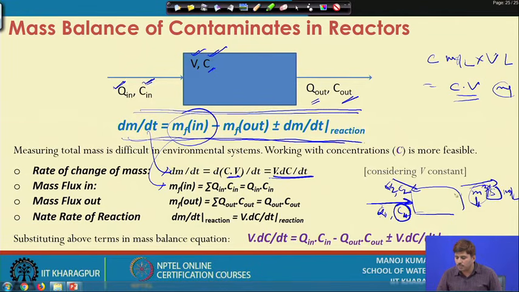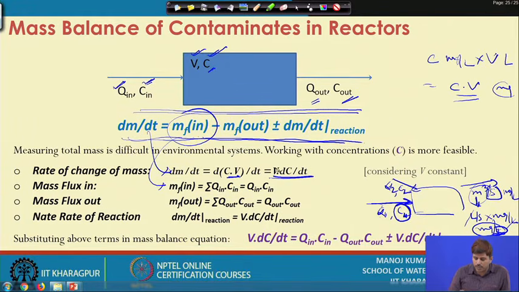You can convert this meter cube to liter also. So, liter per second into milligram per liter, the liters get cancelled and what we get is milligram per second, that is mass per unit time. So, rate of change of mass. This is mass flux in.